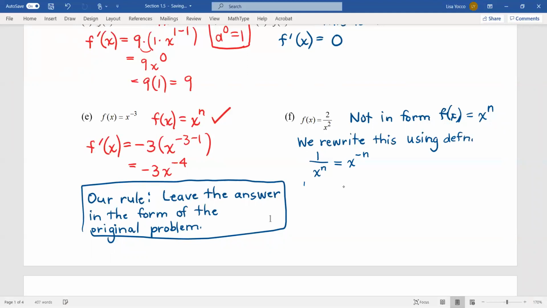This is another definition from exponents that you have to use in calculus to go back and forth from one form to another.